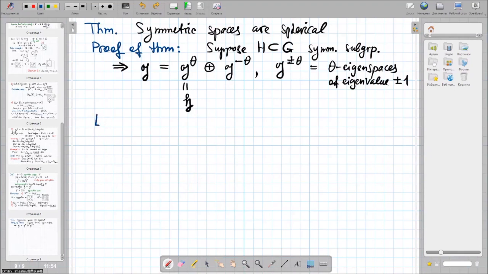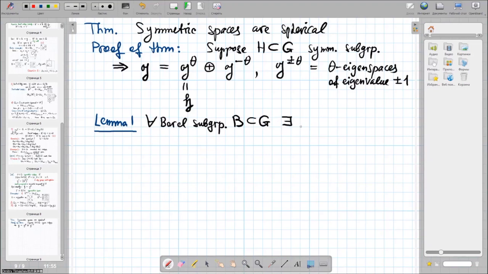So the first lemma is the following one. I keep my notation, which I introduced here. The lemma says that any Borel subgroup B in my reductive group G contains a theta stable maximal torus.